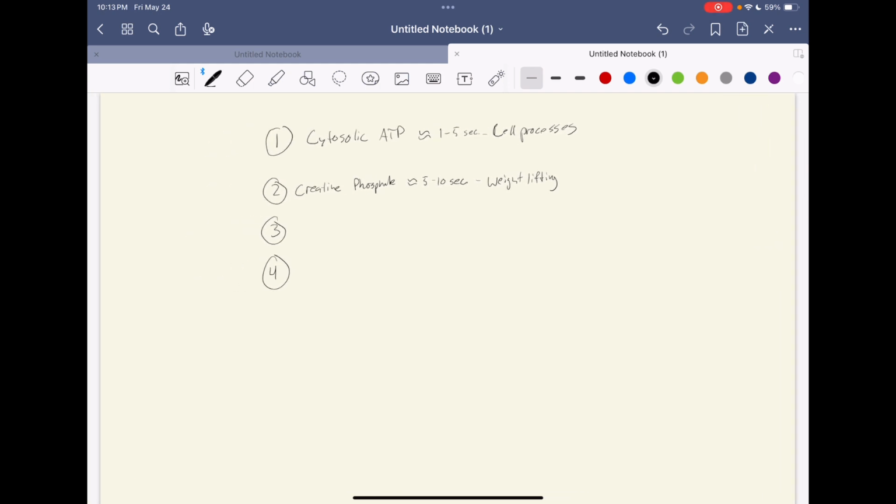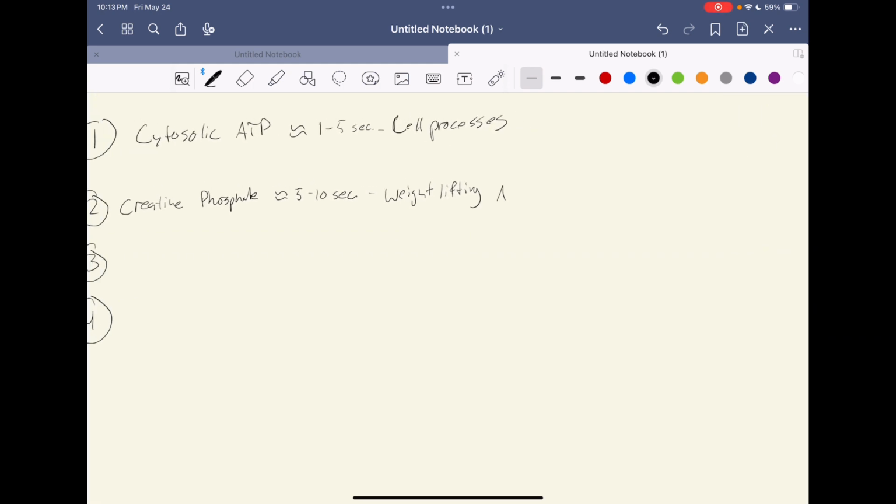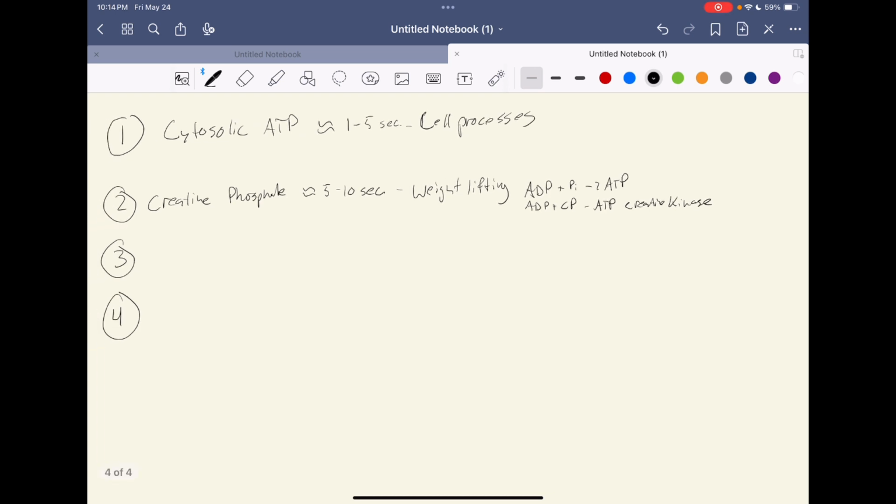It's similar in the sense where you take an ADP plus an inorganic phosphate to make ATP. In this case, we're taking an ADP and a creatine phosphate to make ATP, and they use creatine kinase, which is a better use than the cytosolic, where it's just the ADP to ATP.